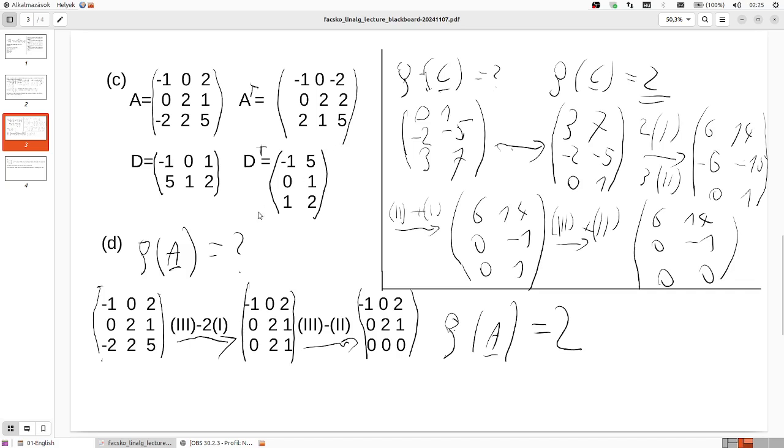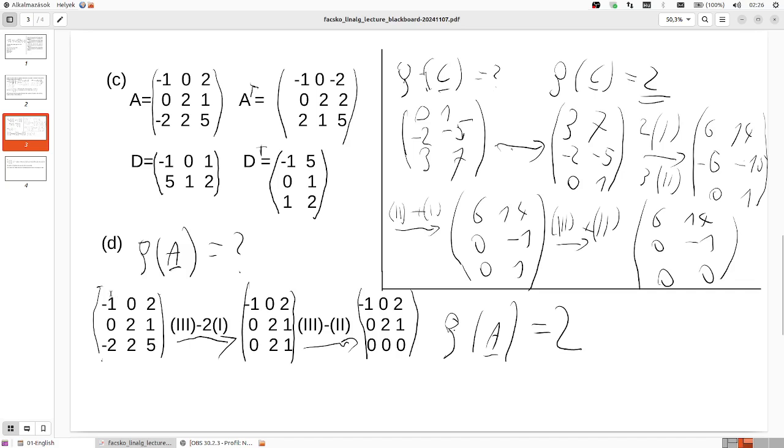The problem is the rank. Here I use the elementary transformations that are rank invariant, so they don't change the rank. First, I subtract twice the first row from the third row.